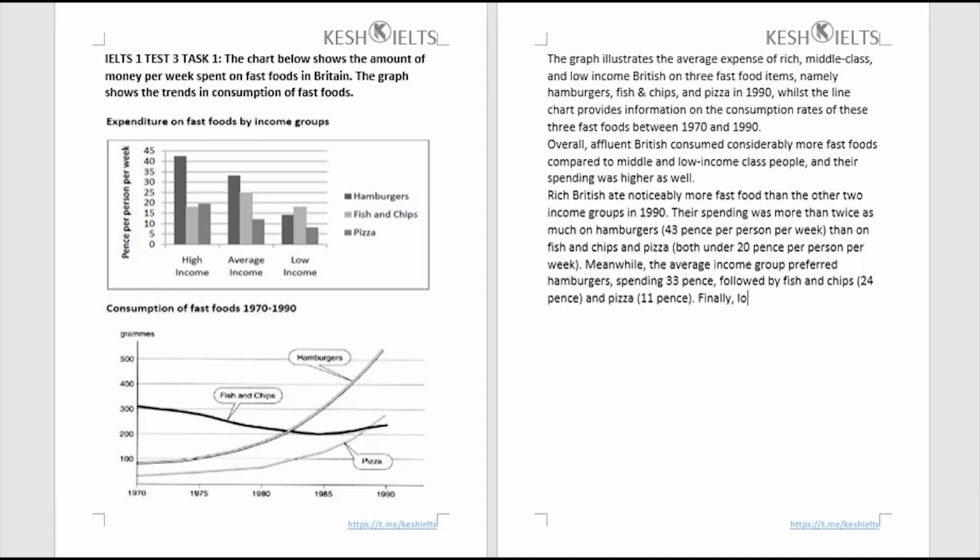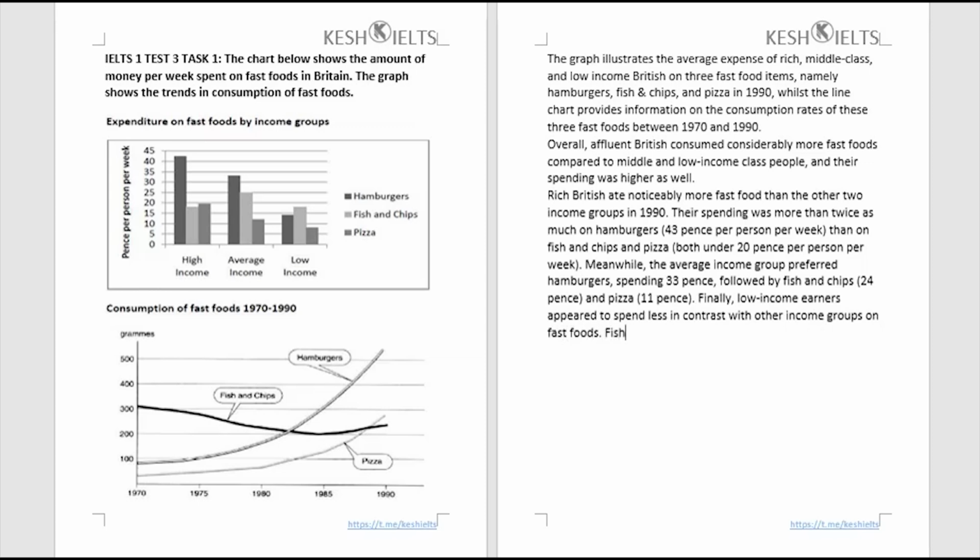Okay, finally low income earners appeared to spend less, in contrast with other income groups on fast foods.